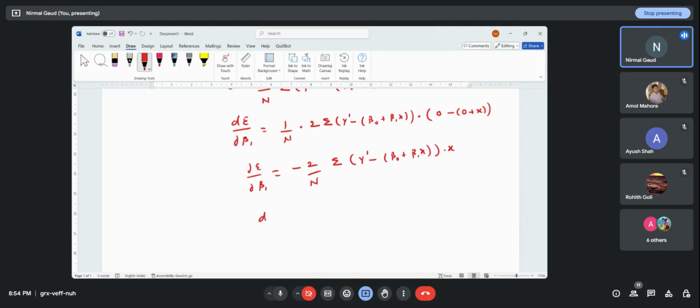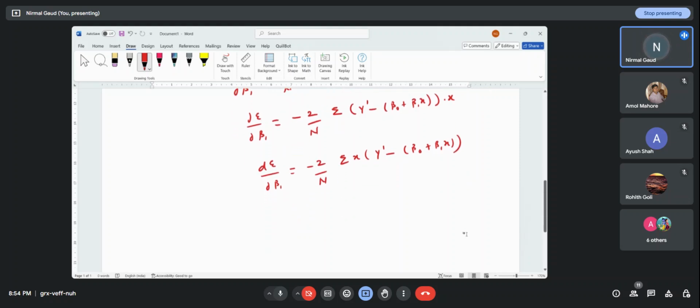So del E by del beta 1 is equal to minus 2 by n. Okay, so x is here now, summation is here. So summation x, y dash minus beta naught plus beta 1 x, like this. Let me take this x inside. So del E by del beta 1 is equal to minus 2 by n, summation is outside, I'm taking x inside.